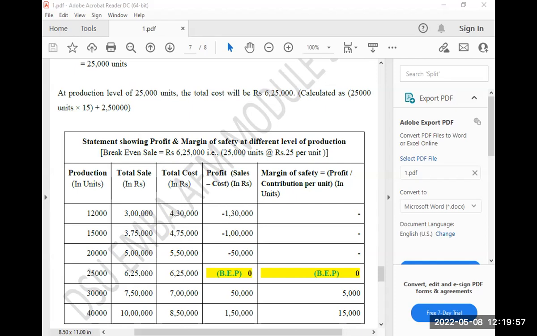Will you accept or not? Fixed cost plus profit is equal to contribution, or fixed cost minus loss is equal to contribution.